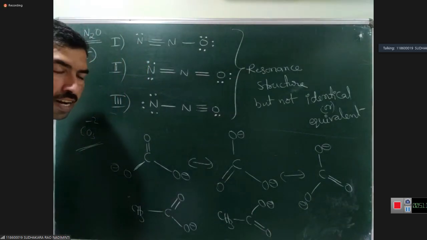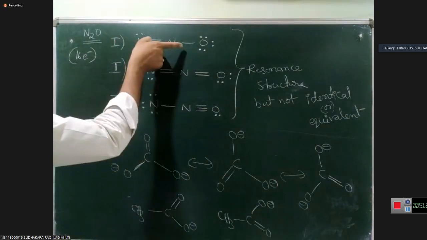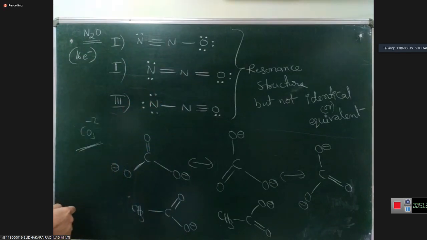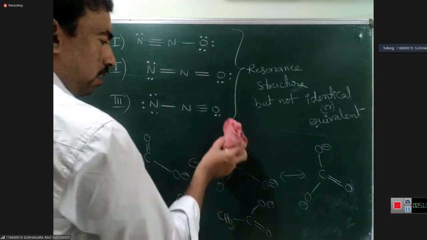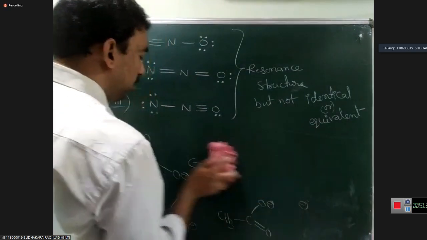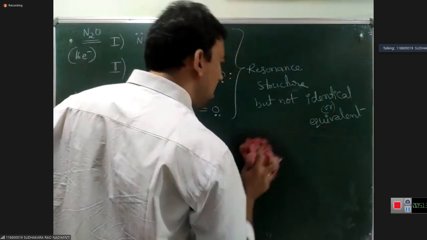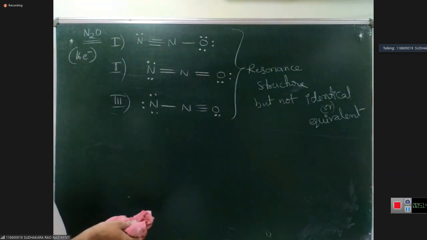Identical or equivalent resonance structures. These are equivalent resonance structures, but these are not. So I hope you understand what is meant by equivalent resonance structures and normal resonance structures. Equivalent resonance structures are also called canonical structures, but in general, resonance structures can also be named canonical structures.